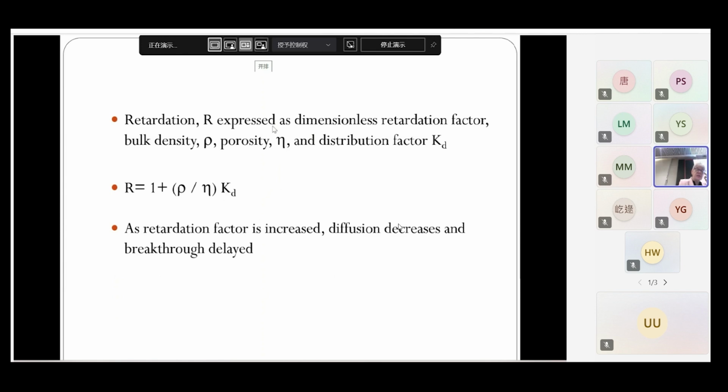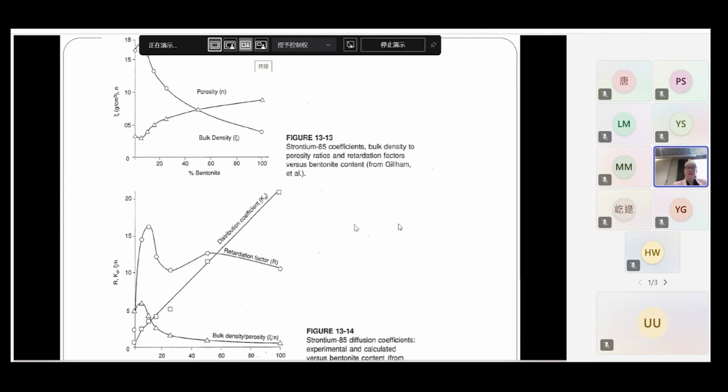So your retardation, as we mentioned, is dependent on the porosity of your soil and your capability to absorb. This KD, as we mentioned a long time ago, I think at the beginning of this course, is this capability of your soil, and in this case, the bentonite. As you see, depending on the percentage of the bentonite, your porosity will change, and your bulk density will change. You see that the KD will increase as you increase the percentage here.